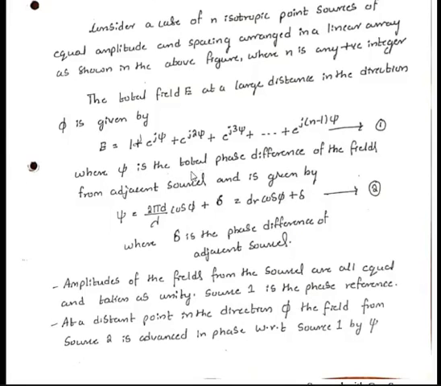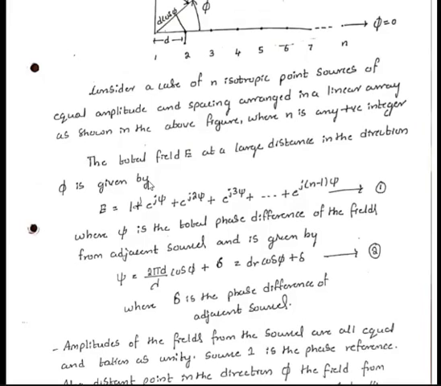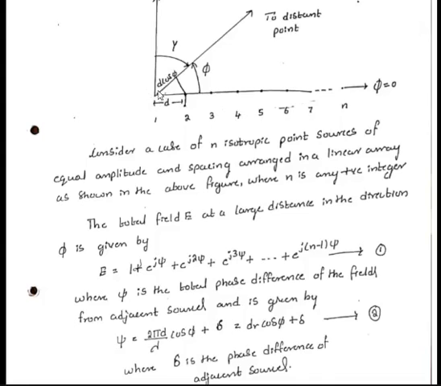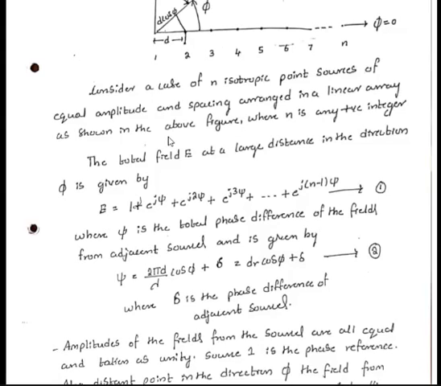Now what we have assumed is that whatever the phase reference is, it would be taken as the origin. That is, at the origin we have only point source 1. So point source 1 will be taken as the phase reference. If we consider point source 1 as the phase reference, then we have only amplitude one, without any phase difference.